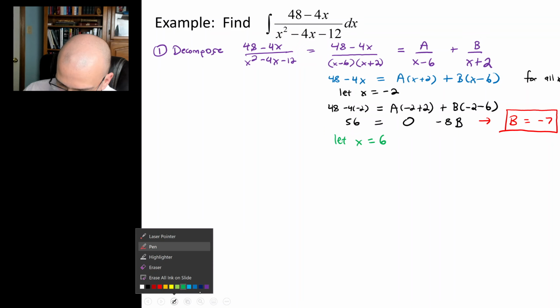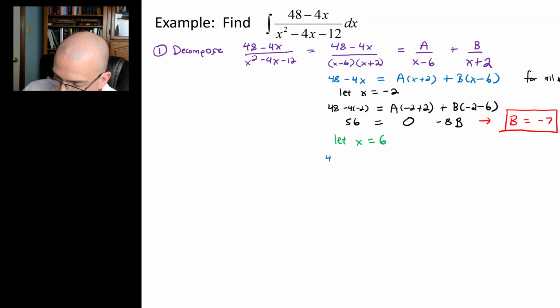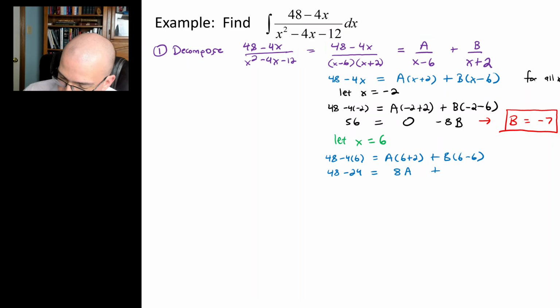So now we have 48 minus 4 times 6 is equal to a times 6 plus 2 plus b times 6 minus 6. So 48 minus 24 is equal to 8a plus 0. So 24 is equal to 8a. We can divide both sides by 8, and we get a is equal to 3.